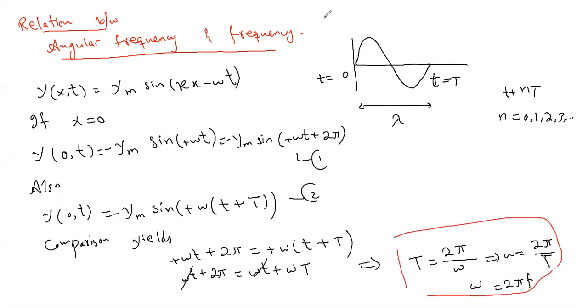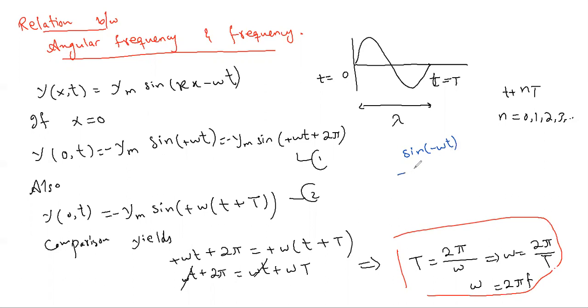Okay. Since my earlier argument might be confusing, let me elaborate this again here. Initially I wrote sine of minus omega t. So remember, this negative sign is not with this omega t. This is whatever the argument of sine is.